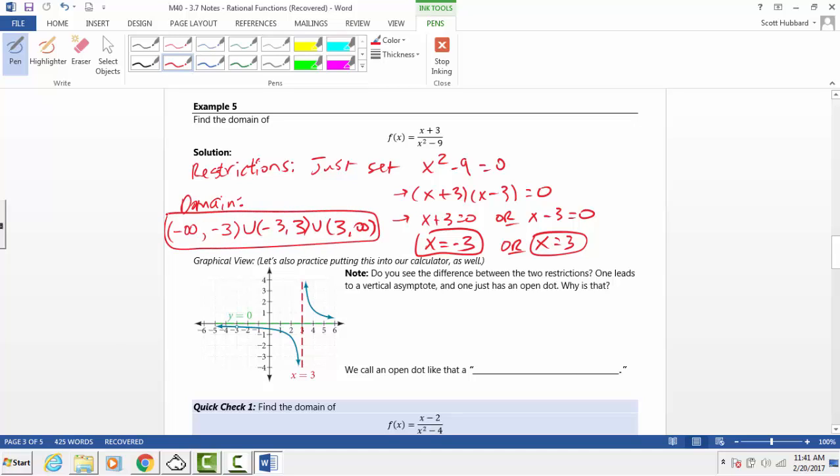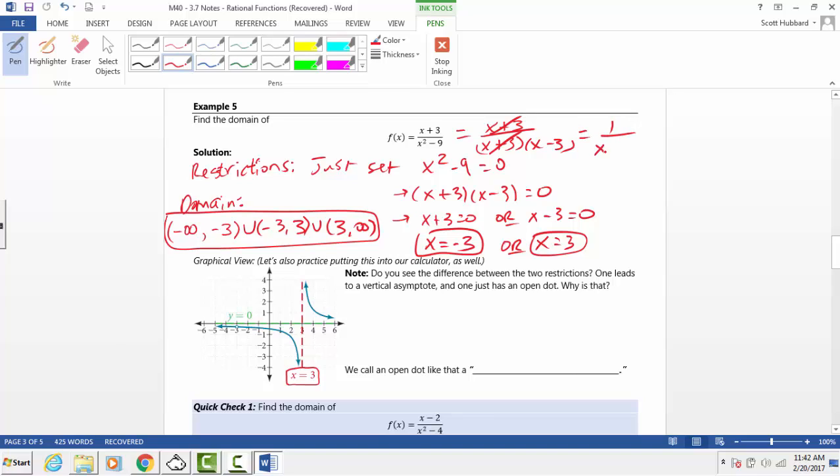Okay. And now the difference is that we're going to have a vertical asymptote wherever we have domain issues, except this one actually canceled out. So if you take a look at the original function, see, these kind of cancel out.